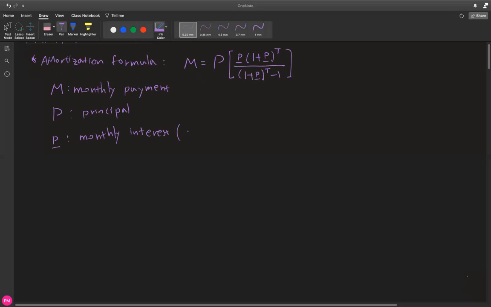In this case, it's defined as R divided by 12, where R is the APR in decimal. And lastly, T is the total number of months, or let's say, total number of payments.